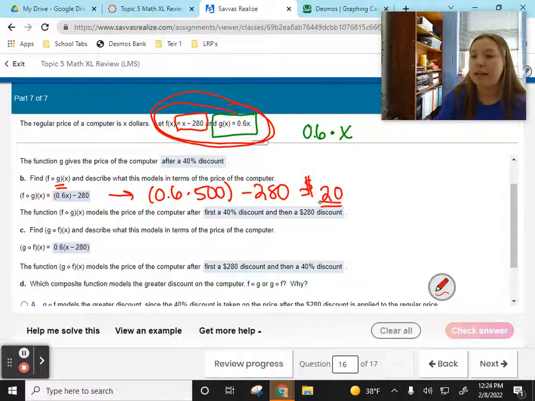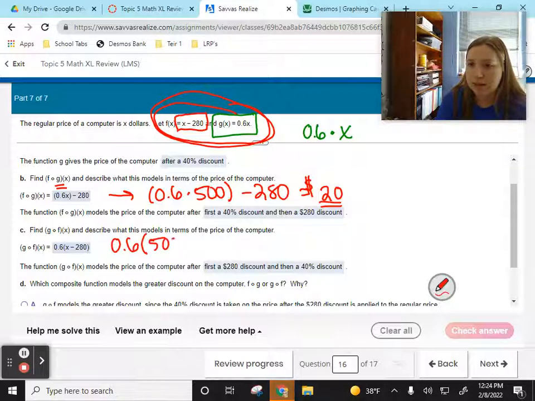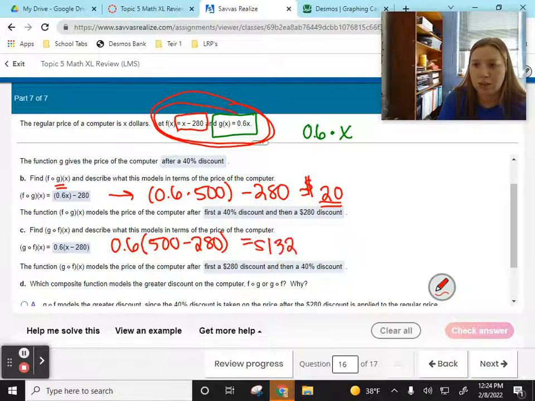$20. Now let's do the same thing with our g of f of x. 0.6 times 500 minus 280. We'll do that one first. That's going to give me 220, and I'm trying to find 0.6 of 220. 0.6 times 220 equals $132.